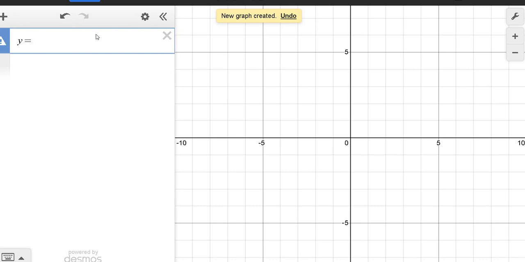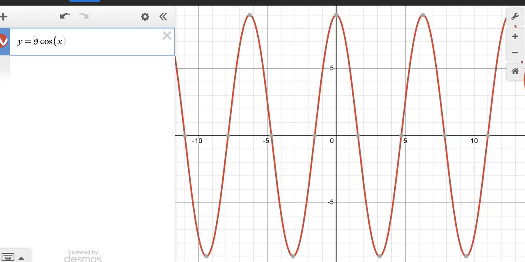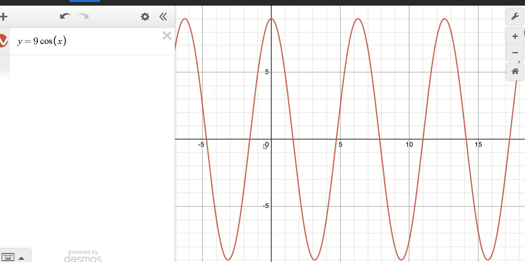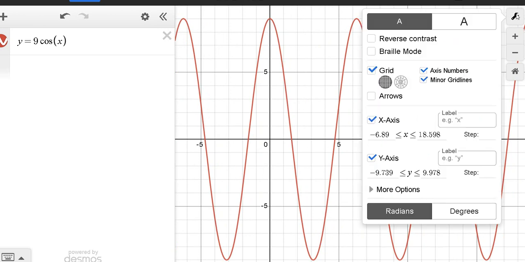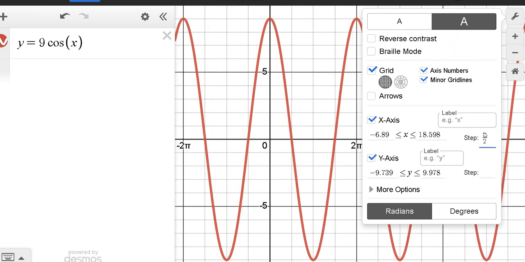y equals 9 cosine of x. The 9 stretches out your graph so that you have a height of 9 and a bottom here at -9. Not a big surprise there. And if you need to draw 2 periods of that graph, that's fine as well. We can do that. Let's label these, give it a step of pi over 2 maybe.